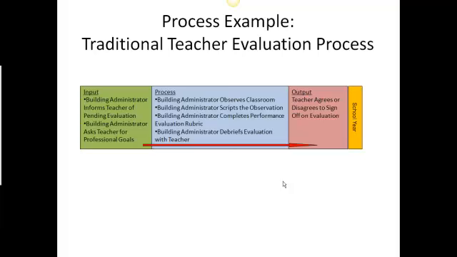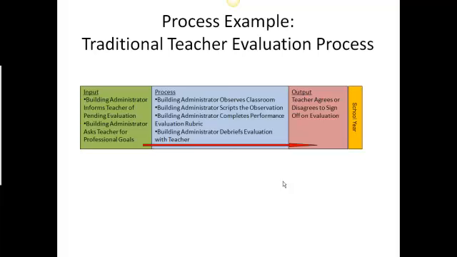All right, so let's begin with our first example. This is a traditional teacher evaluation process. As mentioned in the definition of processes, we have three components: an input, a process, and then an output. Again, you're making decisions about how you're allocating resources, whether they're human capital resources, social capital resources, or financial resources, to have these processes create an output that adds to your goals.